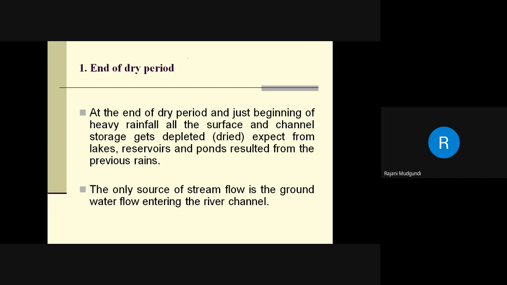So if this is the cross section of a river that we will plot, right? This is the condition that I will draw for the monsoon. When the rainfall has reached its peak, highly raining, and the river is flowing to its full capacity, and the groundwater is somewhere here nearby.